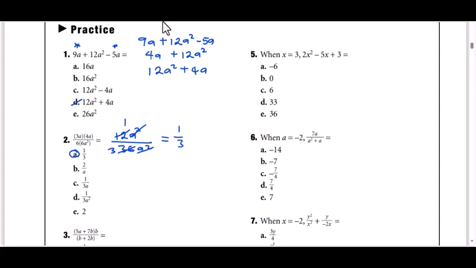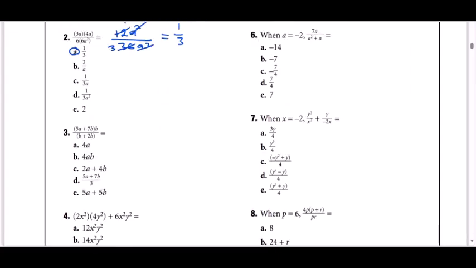So let's talk about the next one, which is number 3. Okay, let's distribute. Let me write it out and distribute. In bracket 5a plus 7b, bracket b, all over b plus 2b. So I will distribute.